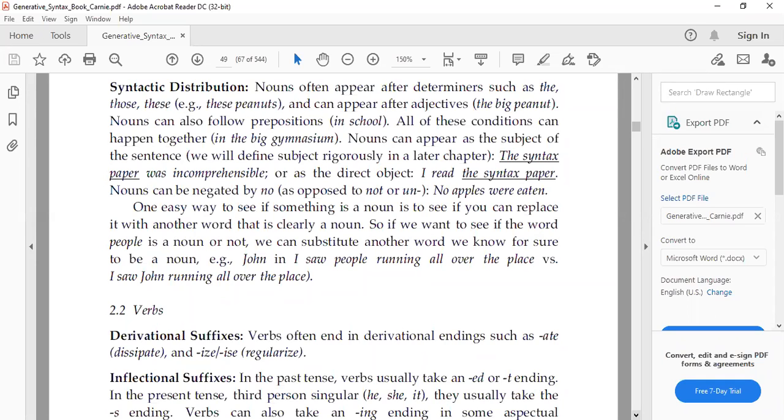Also, for example, if I say this big car is beautiful, here car is the subject. What else? We will move to verbs. Is that enough, doctor? Okay, yes, for nouns.